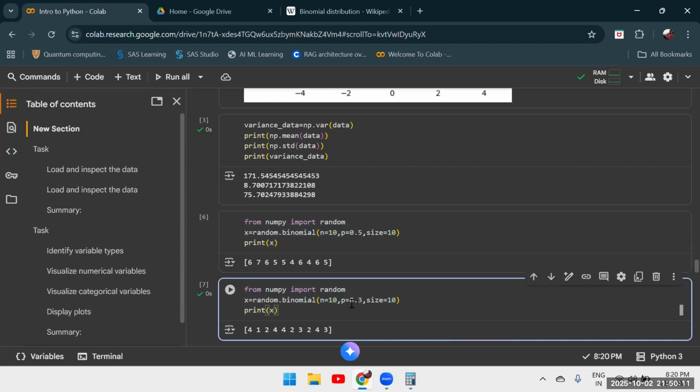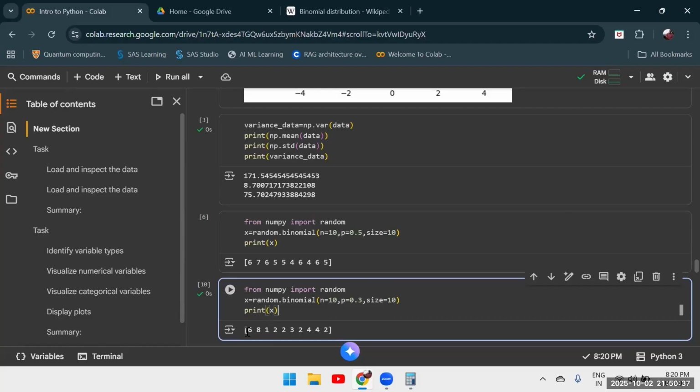You see now? Once I reduce my probability to 0.3, all the values of the size have come down below 5. You see, not even a single item is predicting 5 or closer to it; maybe once or twice it is coming 5, but not much, right?